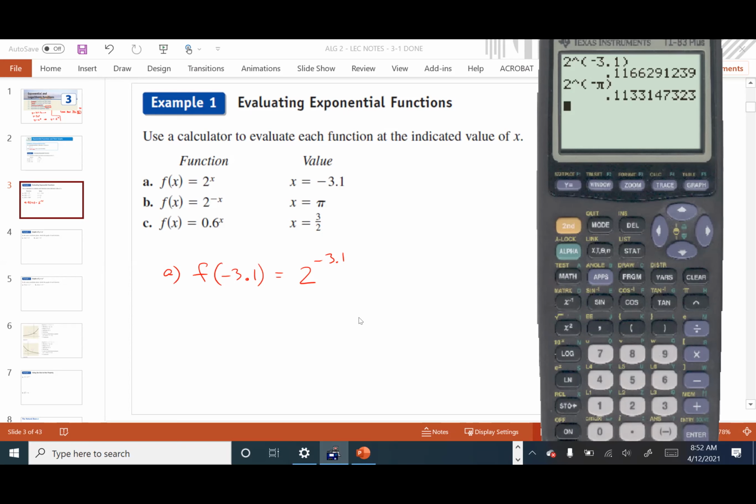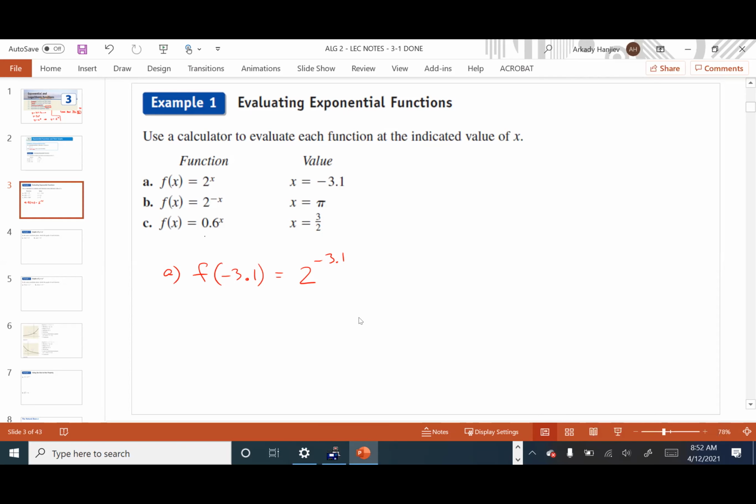Okay, and then real quick here for C, 0.6. Is that still okay for a number? What are our conditions for our base? Base has to be above 0 and not 1.